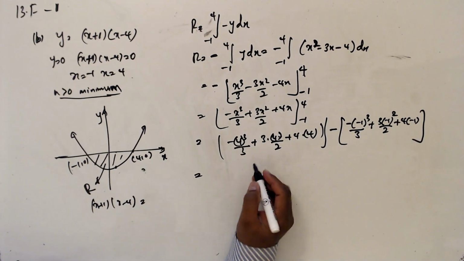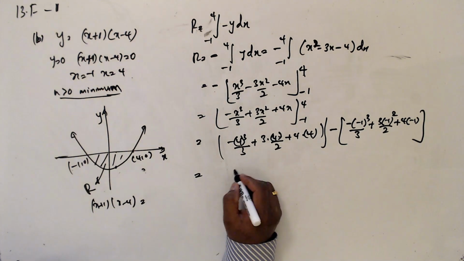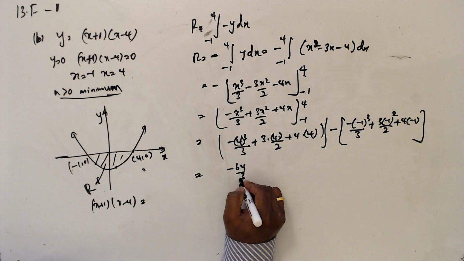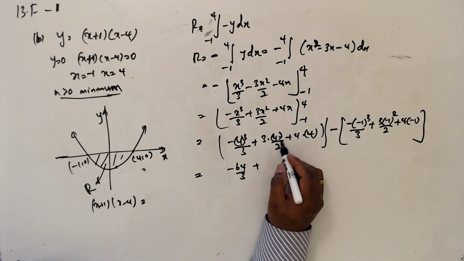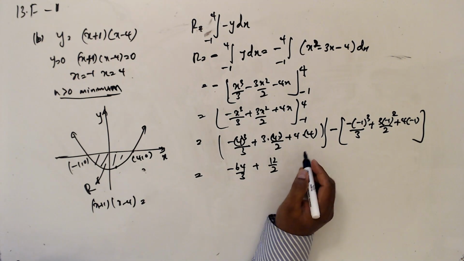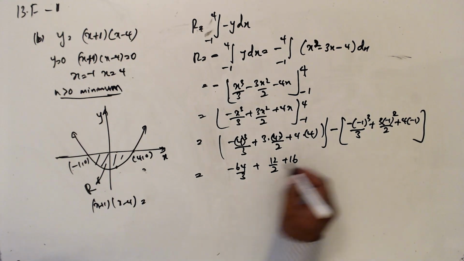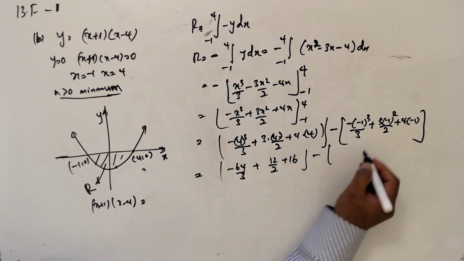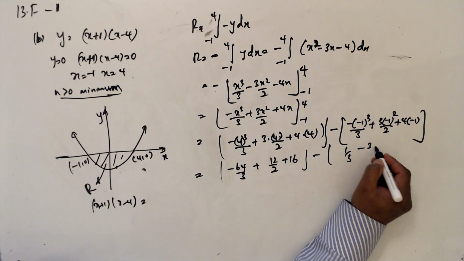So this is going to be minus 64 over 3 plus 12 over 2, this is 16, and minus this is 1 over 3. This is going to be minus 3 over 2.